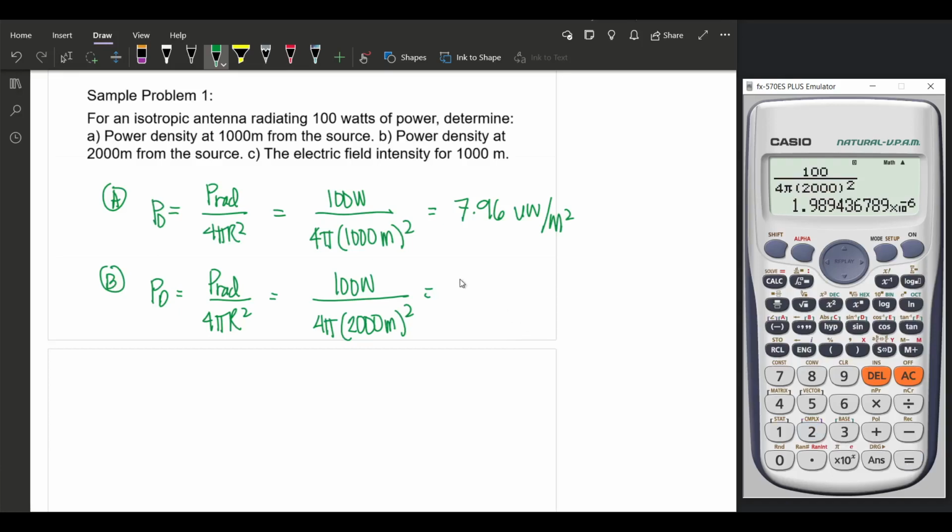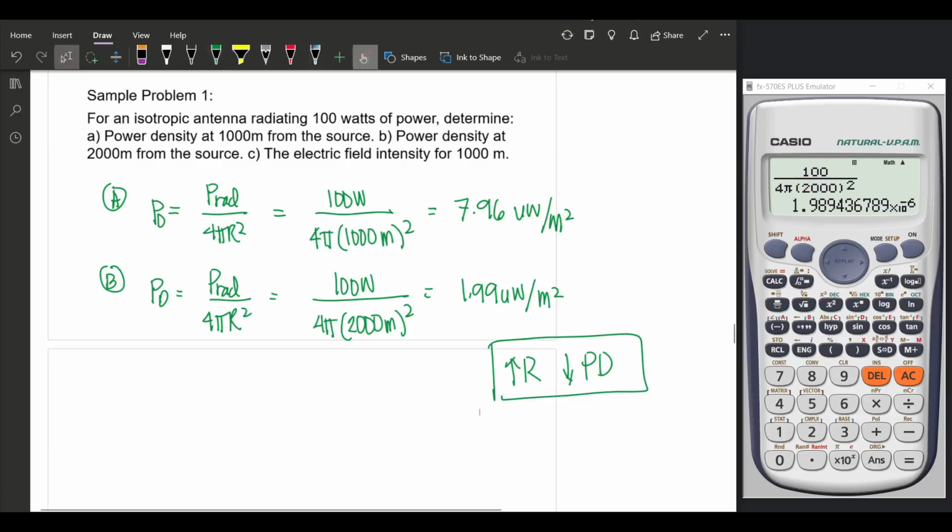It will become 1.99 microwatts per square meter. As you can see, when the distance from the source increased, the power density decreased. Okay? So that is the relation of the two parameters based on our formula.